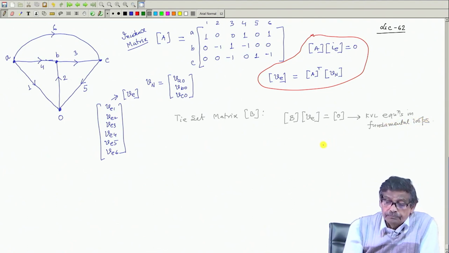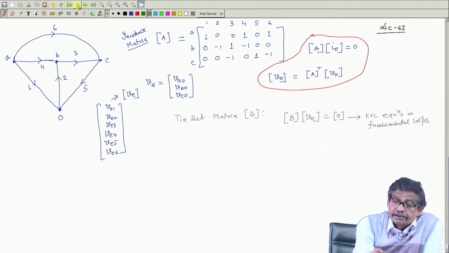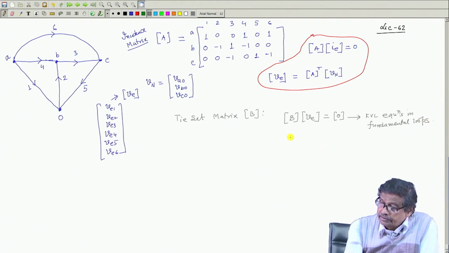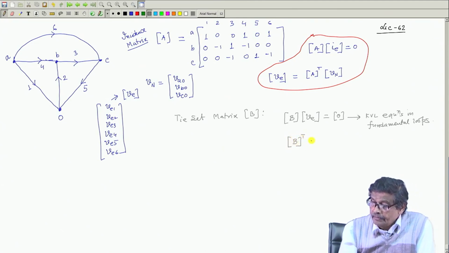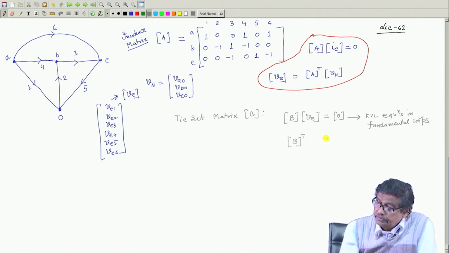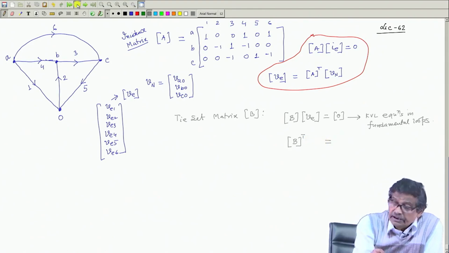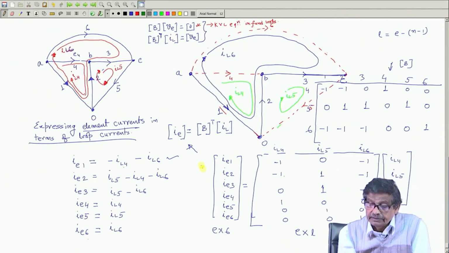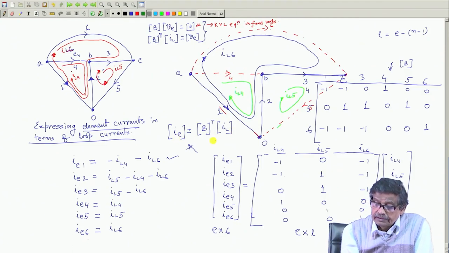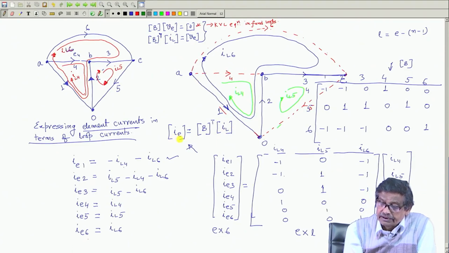And also the link currents was B transpose into I L, to relate the link currents and the element currents.